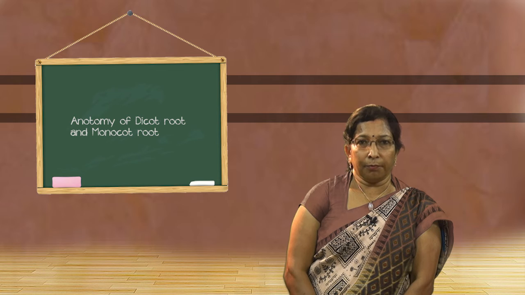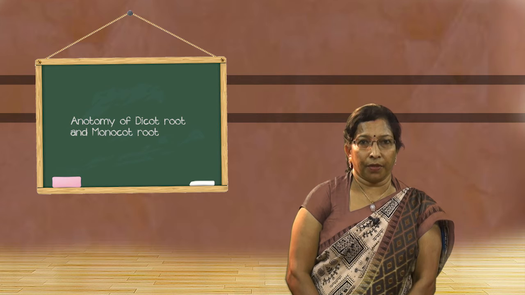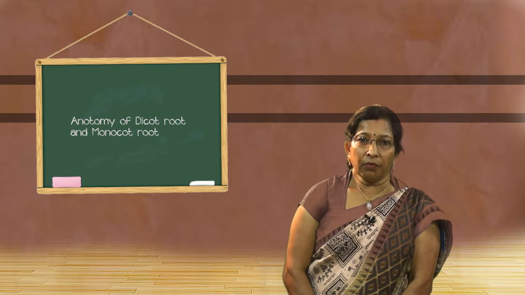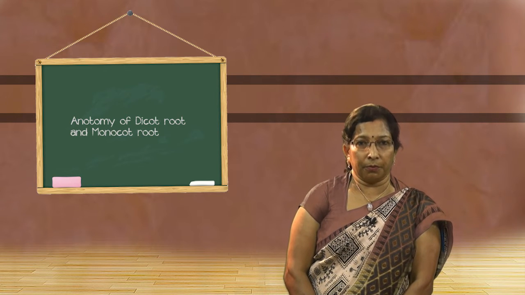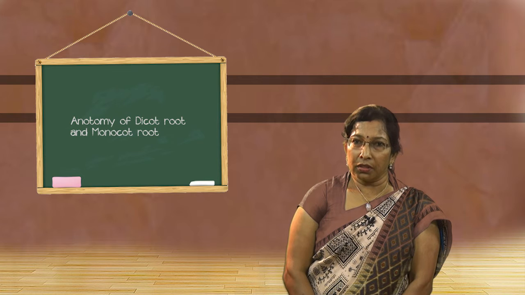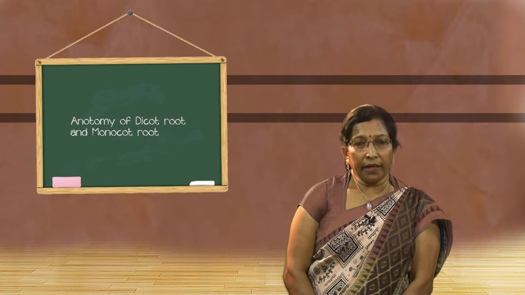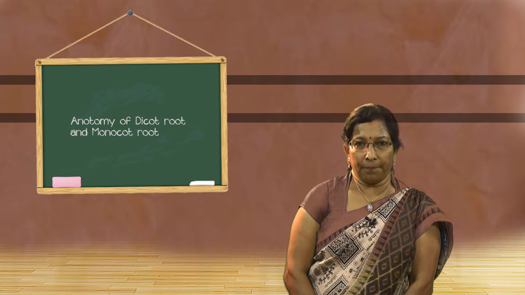The endodermis of monocot root is slightly different from that of dicot root. In dicots, only the radial walls are thickened due to the deposition of suberin, whereas in monocots, both the radial walls and the inner tangential wall are thickened due to the deposition of suberin.